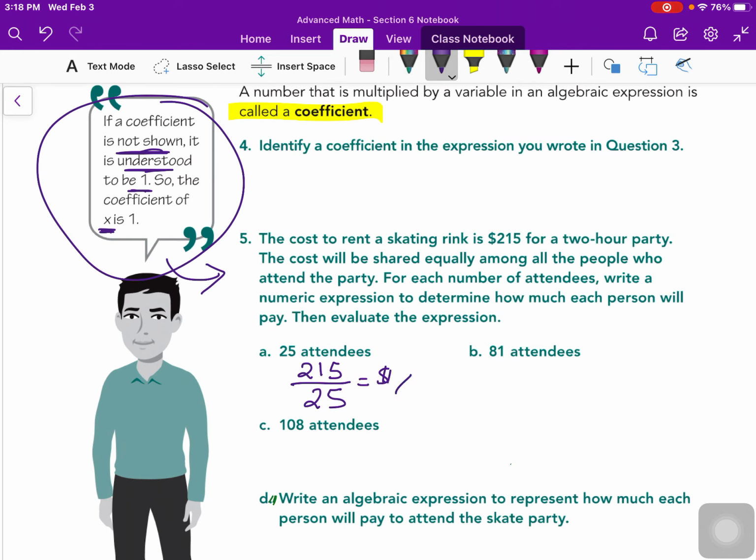Well, that's going to end up being $8.60 a piece. I could also write it as 215 divided by 25, but you're going to notice a lot of times in our book they're going to want us to do it as a fraction. Either way works. Go ahead and try to figure out what it is for 81 attendees and 108 attendees.